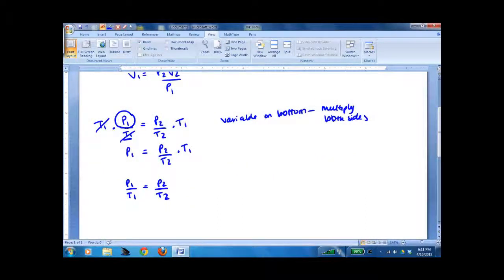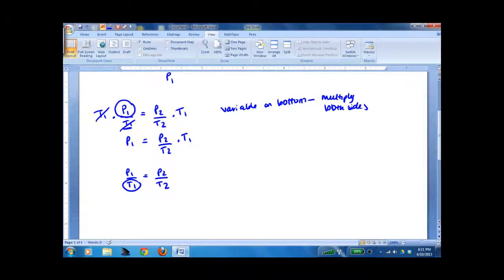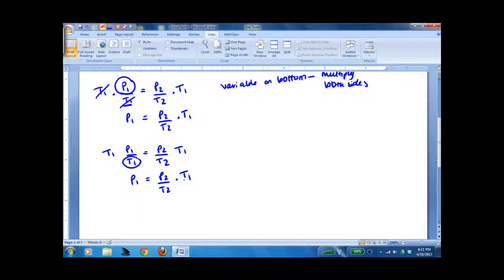And let's say we need to solve for T1. I need to solve for T1. Well, the first thing I need to do is get this T1 on top. T1 needs to get on top. So it's on the bottom, so I'm going to multiply both sides by T1. I've got P1 equals P2 over T2 times T1. Now it's on top, so that's great.